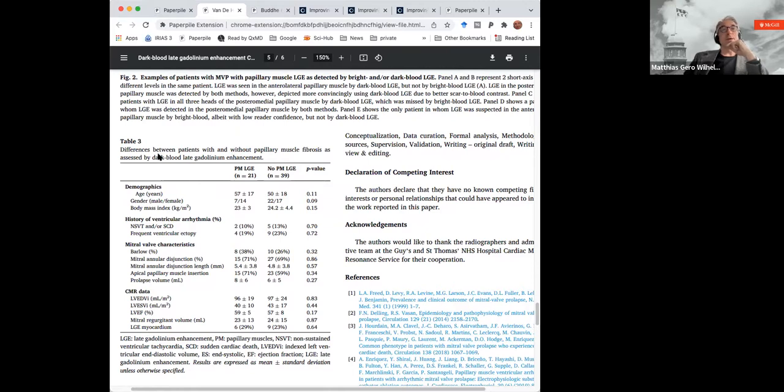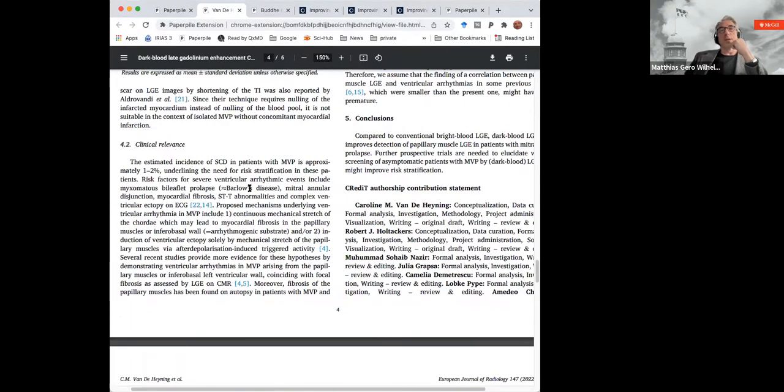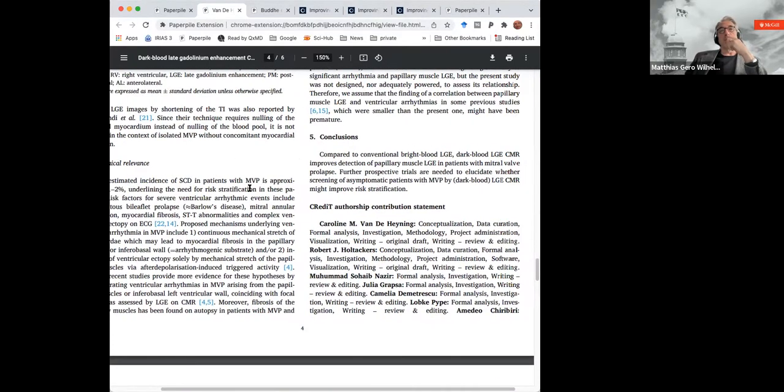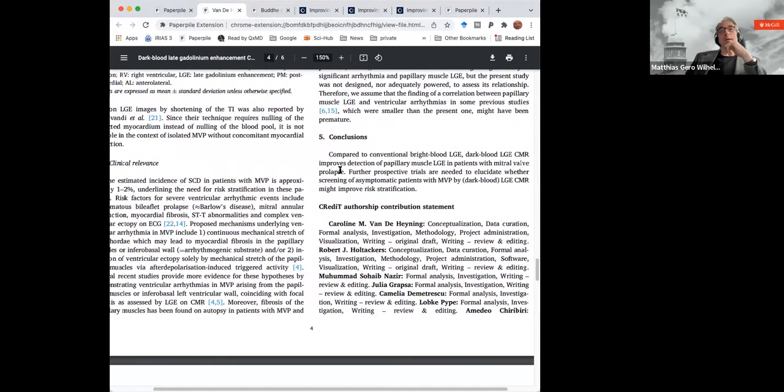And then they also looked at the differences between those patients who had this LGE in the papillary muscle and those who didn't, and there was actually no big difference. So all in all, the takeaway of this paper is that dark blood late gadolinium enhancement improves the detection of papillary muscle scars in patients with mitral valve prolapse. And of course, this needs to be confirmed in larger samples.